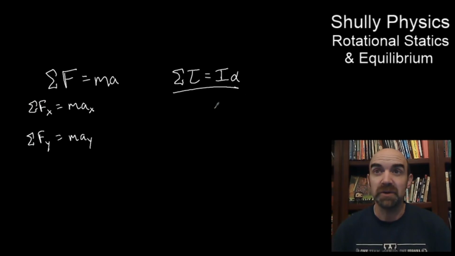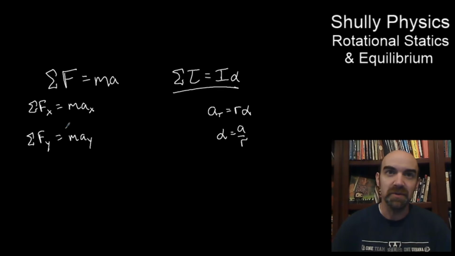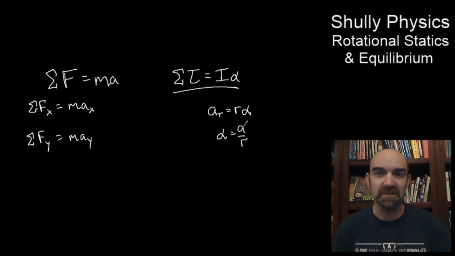Do also recall that the edge or tangential acceleration equals R alpha, and that's often the connector. By plugging in alpha equals a over R, that would connect this expression over here to these over here with that acceleration rate. So that's kind of the general background of what you're going to see here in the examples I cover in this lesson.